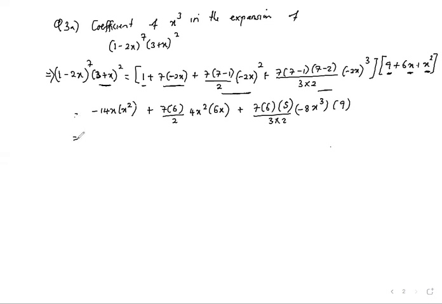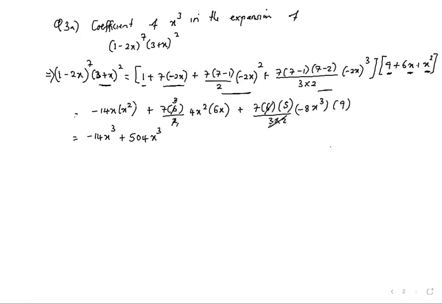So this is minus 14 x power 3. This is 3 here. So we're going to have 1 times 4 times 6. That's 504 x power 3. And then this and that cancels.